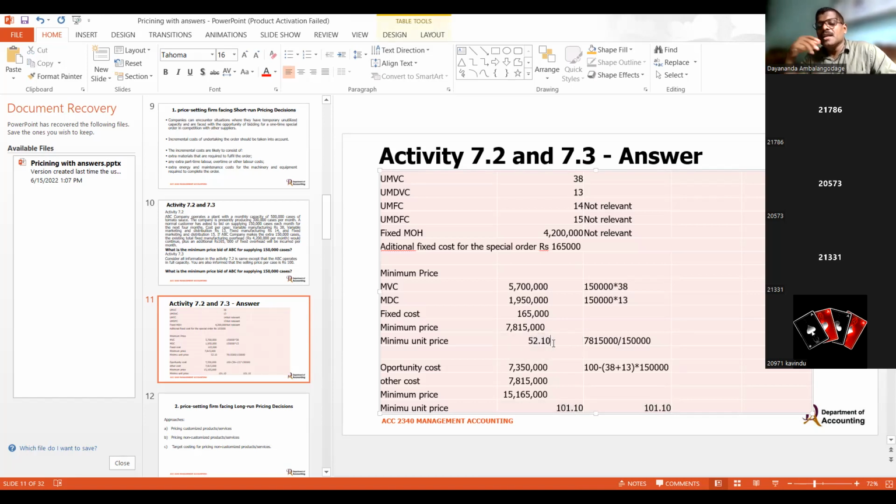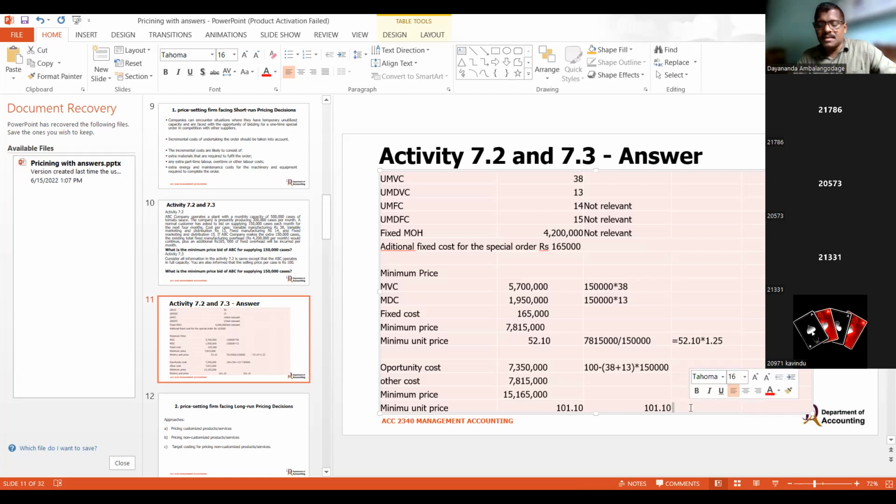So thereby, depending on the nature of the order and the relationship with the special order, you can add a markup for this. For example, for this case, you may add a markup of say 25%. Then of course your new price will be 1.25 times, which is really this way.